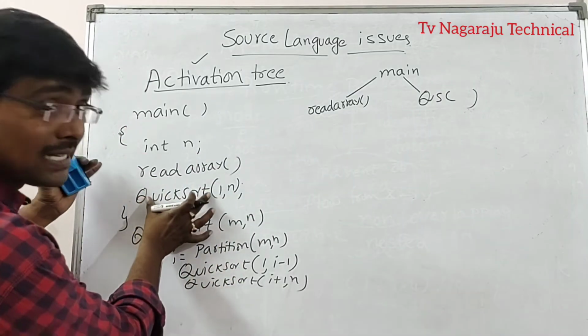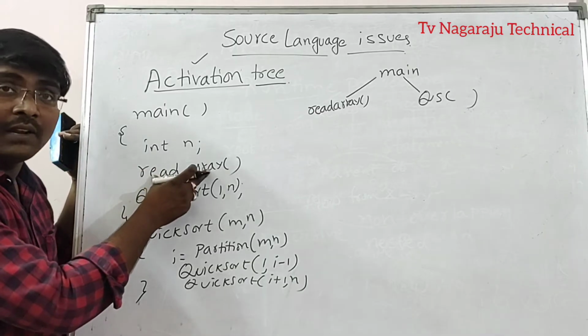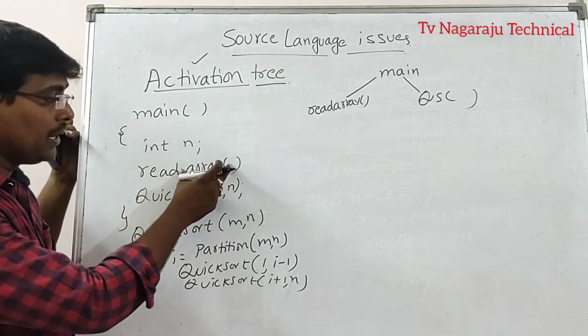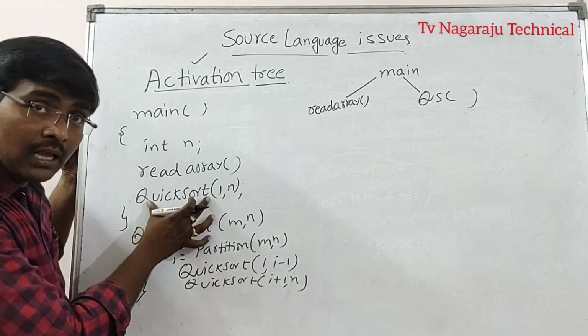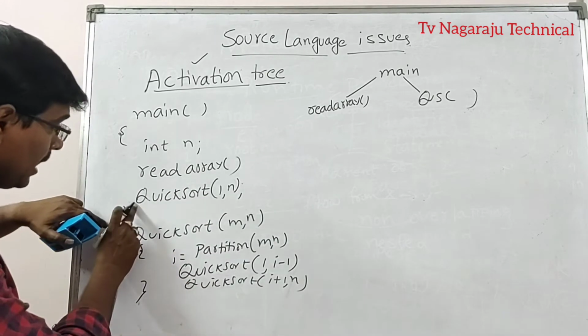Whenever a procedure is called, the activation begins. For read array, the activation begins and completes. Whenever you are calling quicksort, the activation begins, that is, it starts its execution.